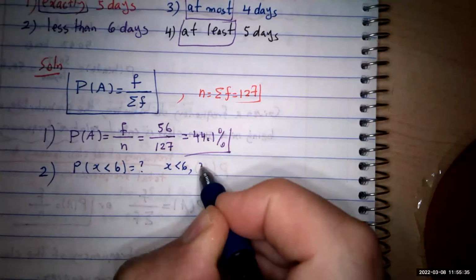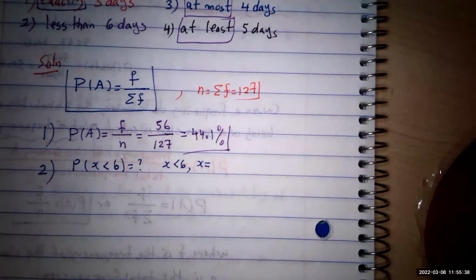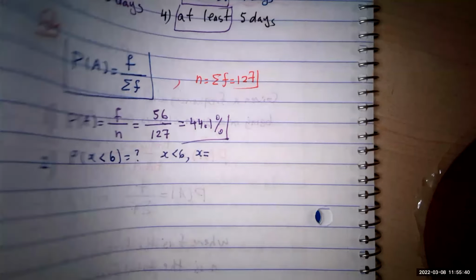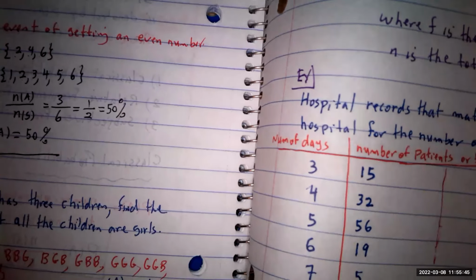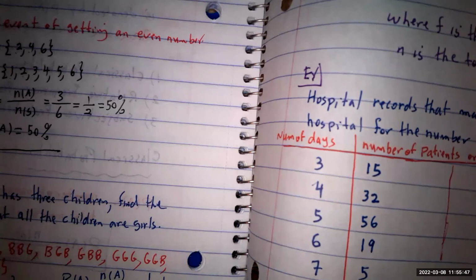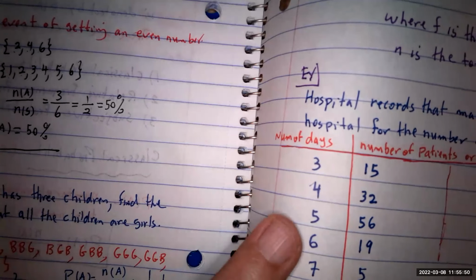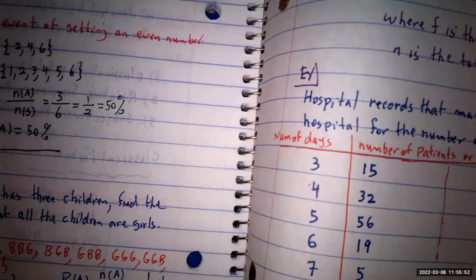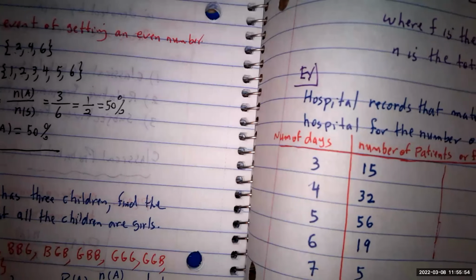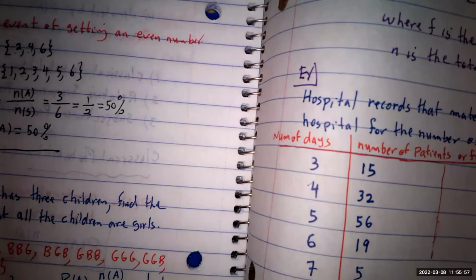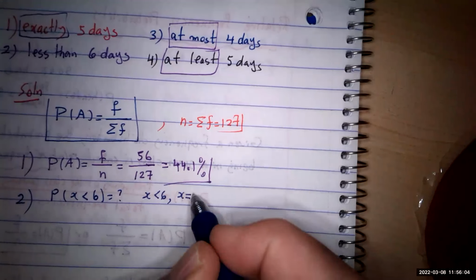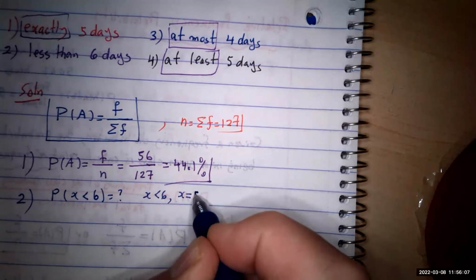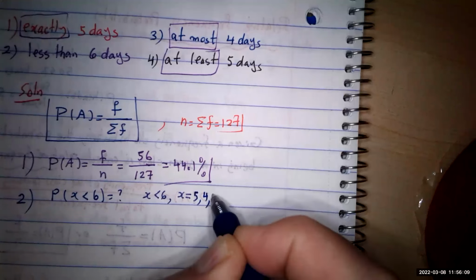X is less than 6 and X is the number of days. So less than 6 would be what? It can be 5, 4, or 3. Since it's less than 6, you have to consider the number of patients staying 5 days, 4 days, and 3 days.